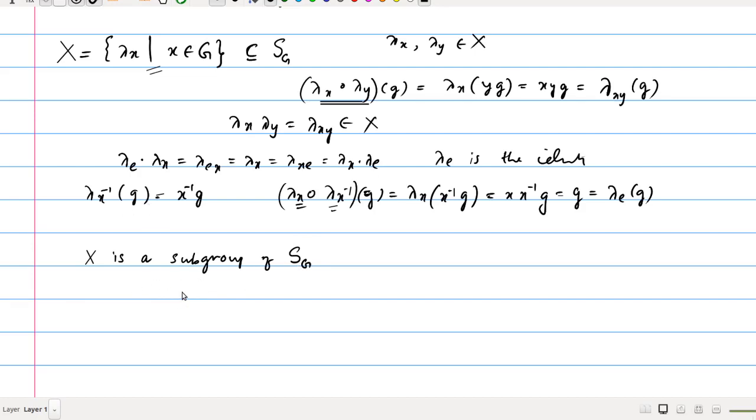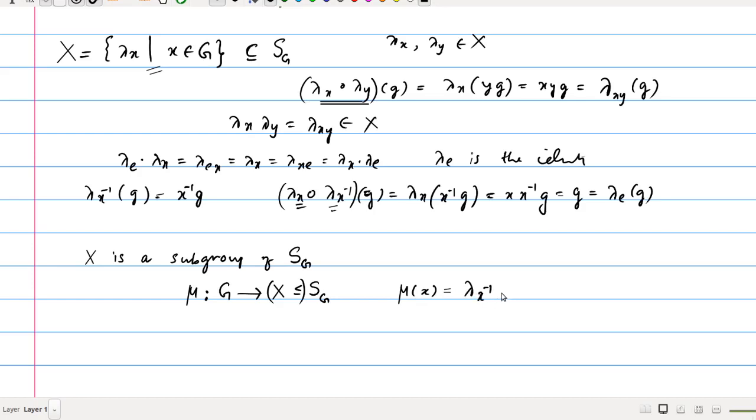So we define a new function μ from G to X. This is a subset or subgroup of S_G, so we can avoid this and directly define a function μ from G to S_G, defined by μ of x is our λ_x.